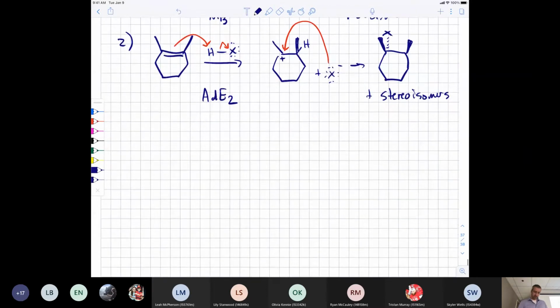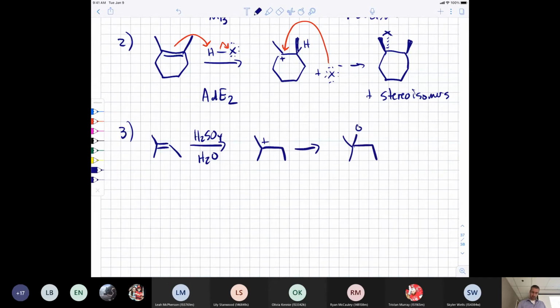Great. Then we did hydration of an alkene. Started with sulfuric acid and water, 50-50 mix of the two. It would go through a carbocation intermediate to give you the Markovnikov alcohol.